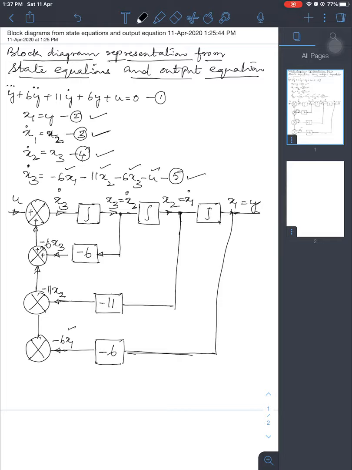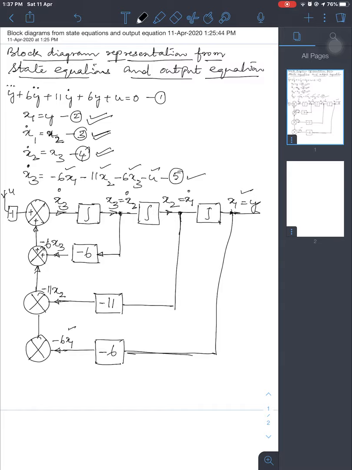If you see here, x1 equal to y is this equation, and here x2 equal to x1 dot, equation 3. At this location the x3 signal is x2 dot, this equation. Now x3 dot is equal to, sorry, we might as well take this as minus 1.